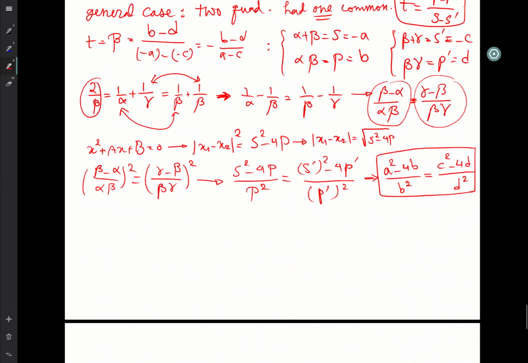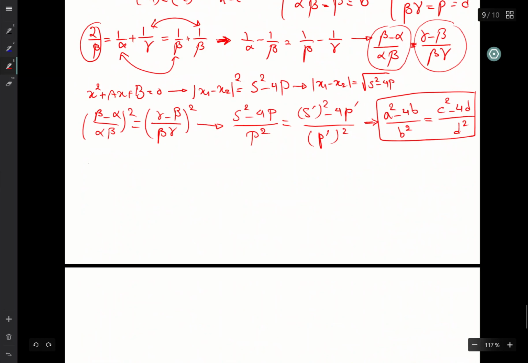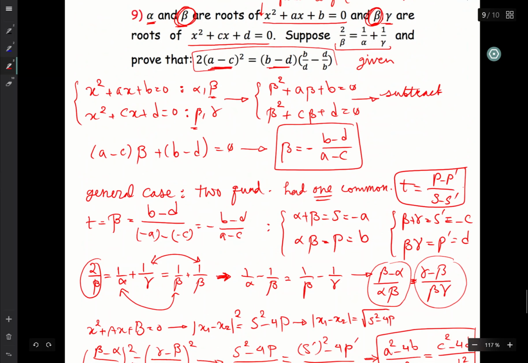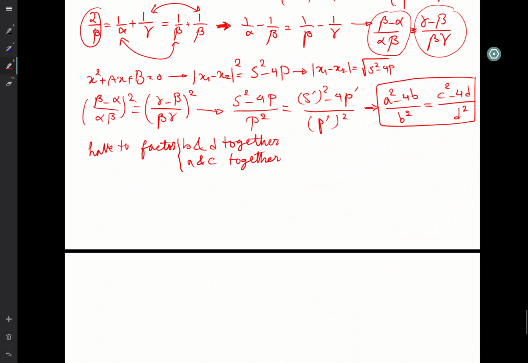Somehow we have to, so basically we have to factor b and d together, a and c together, right? That's how the original thing is given. A and c on one side, b and d on the other side.